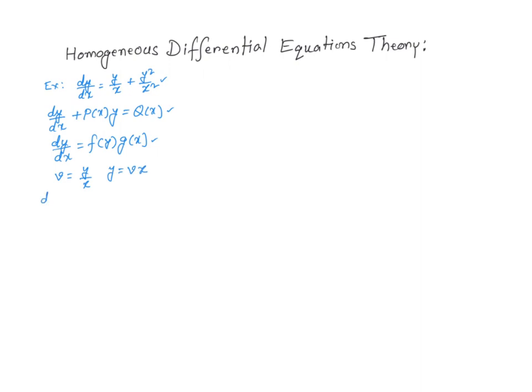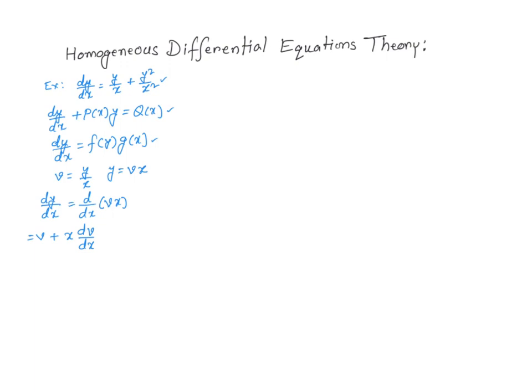Then I could take the derivative of y with respect to x and use the product rule, d over dx of v times x. That I could rewrite as v times the derivative of x, which is just 1, plus x times the derivative of v. Now remember, v is a function of x, so I just leave it as it is: dv over dx.